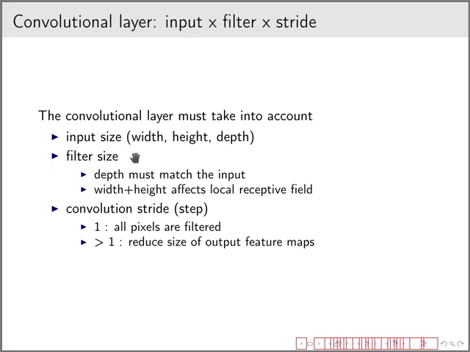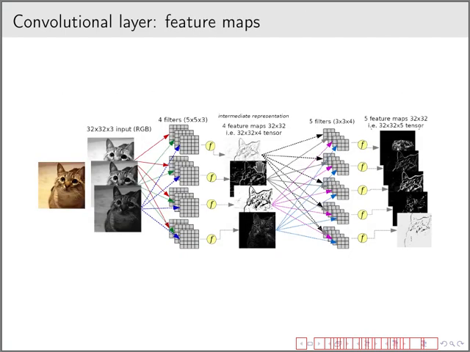The second is the filter size. I can define the filter size, but the depth must match that of the input, remember? So I can use filters 5 by 5 or 3 by 3 or 7 by 7, but the final number is 3 because the input image is RGB.